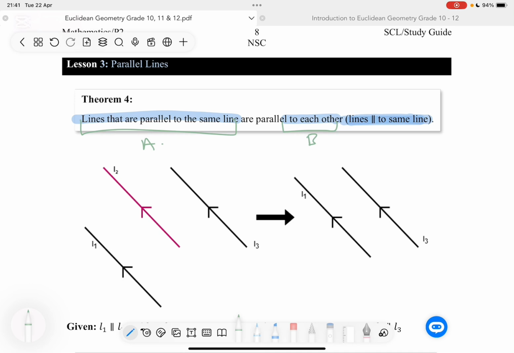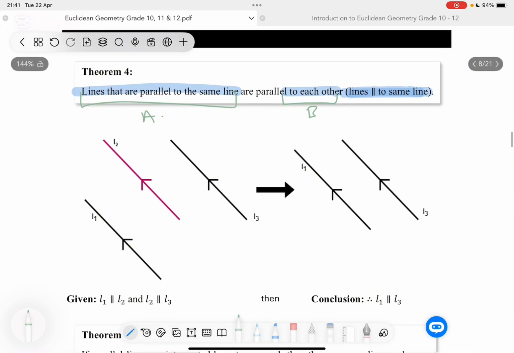Now, to understand this theorem in terms of the geometry of it, let us look at the diagrams below. In this diagram, we are saying that if we have line 1 parallel to line 2, you can see here we have the arrows to show that these two lines are parallel. And we also have line 3 being parallel to line 2 as well.